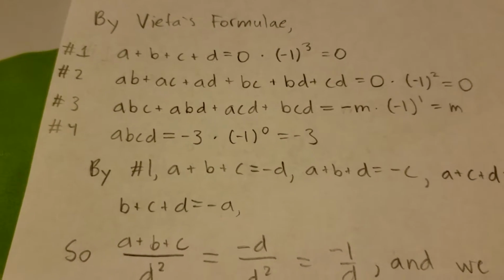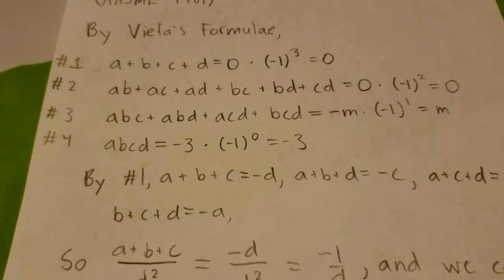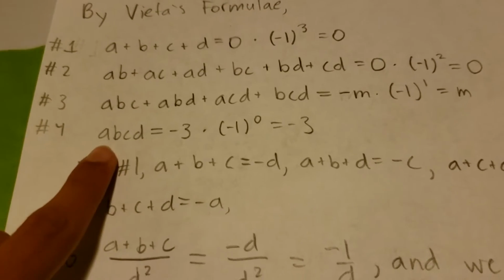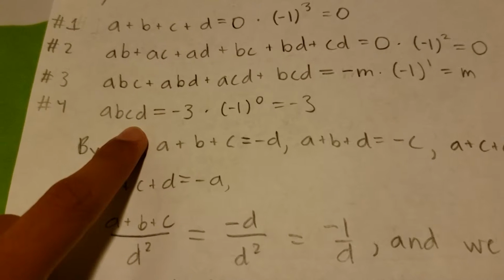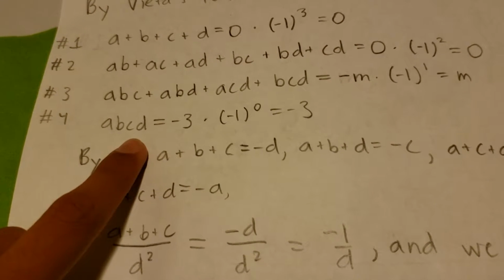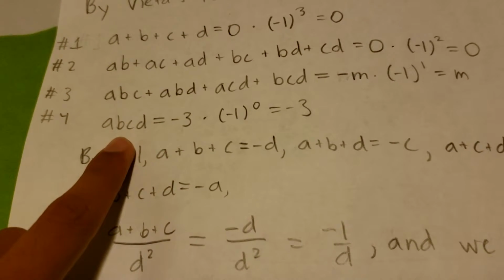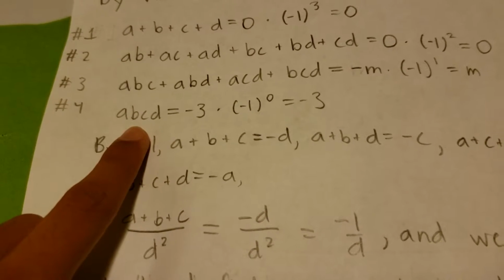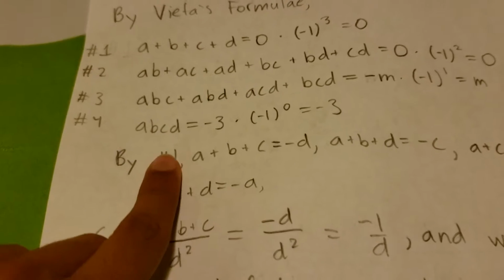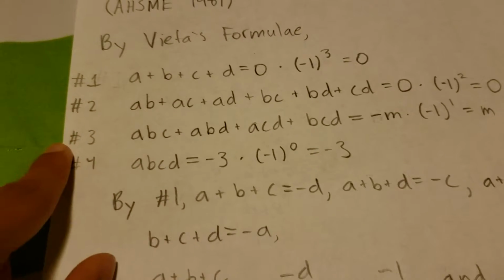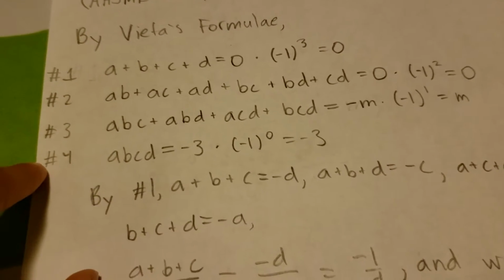Well, what we want to do is divide by abcd and have 3 of the terms cancel for each term in the numerator. Let's just try something out. Let's try to divide equation number 3 here by equation number 4.